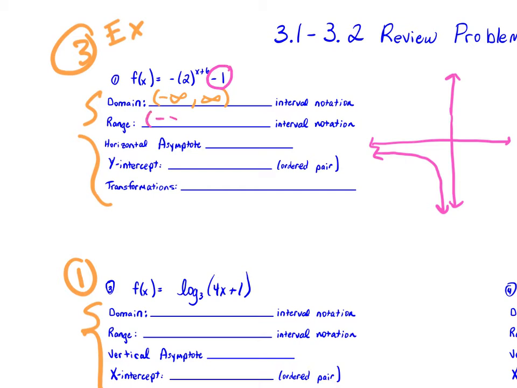Negative infinity to -1. Negative infinity to -1, perfect. This number here always tells us our range and our horizontal asymptote. So what do you think our horizontal asymptote is going to be? Y equals -1. Y equals -1, perfect.